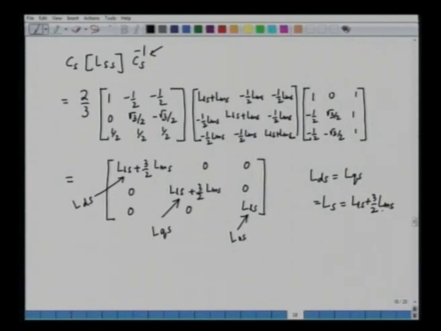Now, if we see this 3 by 2 terms is coming because of the fact that this is the equivalent of a 3-phase machine. So, LMS is the individual magnetizing inductance of the ABC machine. When you transform this ABC machine into a DQ machine, because of the coupling of the ABC phase, this coupling is reflected as 3 by 2 times of LMS in the DQ machine.